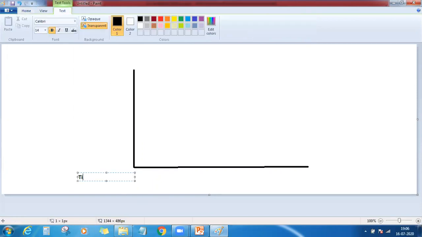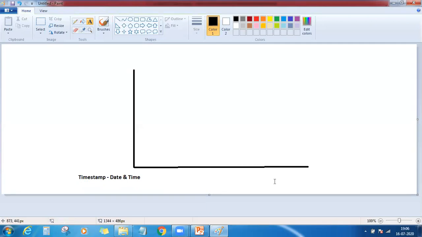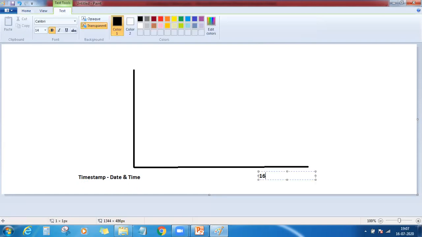What is a timestamp? It is nothing but date and time. When put on the x-axis together, that is called the timestamp. Based upon the time frame that you are browsing, it will be written as 16 July 2020.